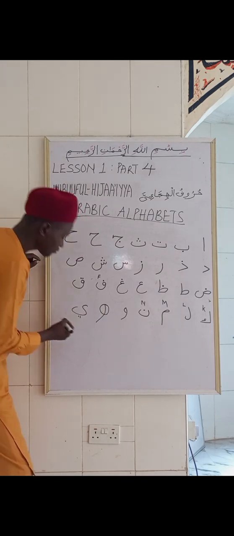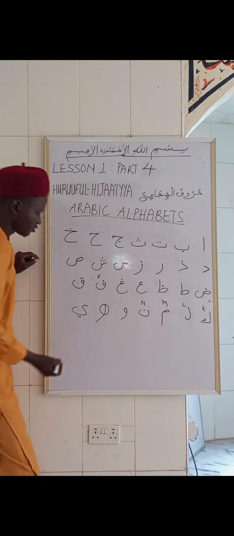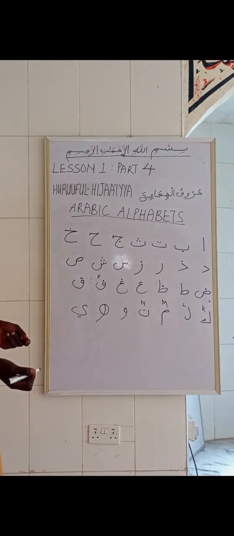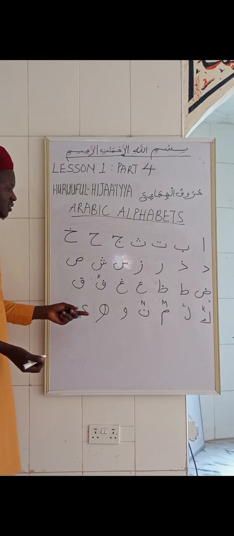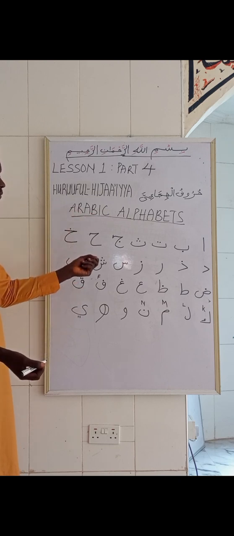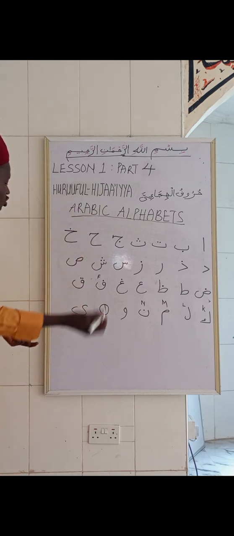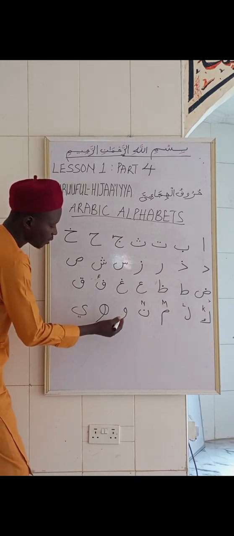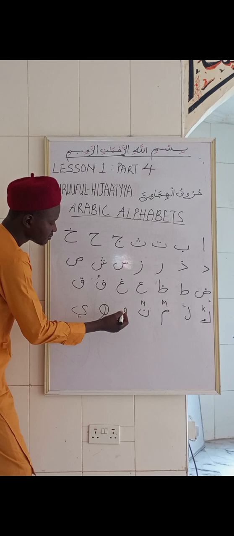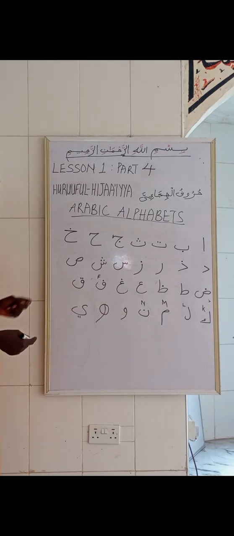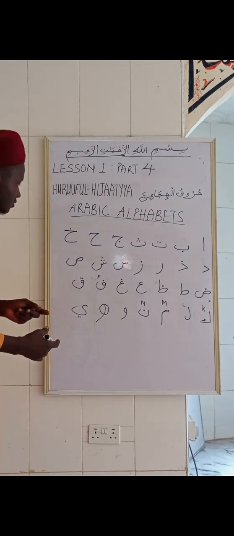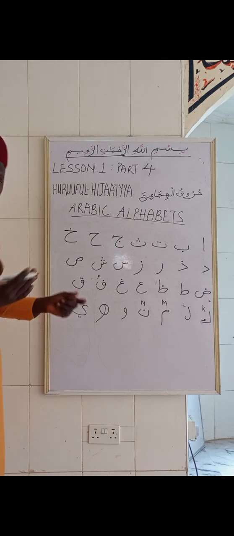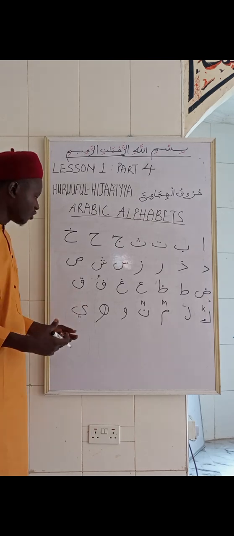Ya. But in some texts, if you want to take those that say it's 29, you will put a Hamza, maybe after waw, ha, or Hamza, waw. Irrespective, we are going to explain all this as we move on.